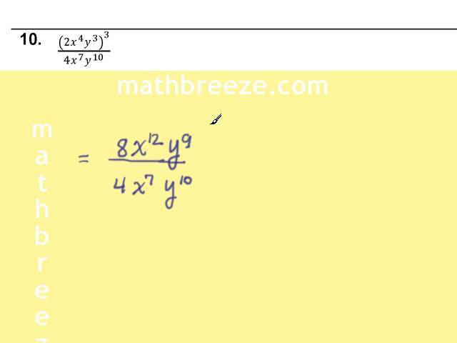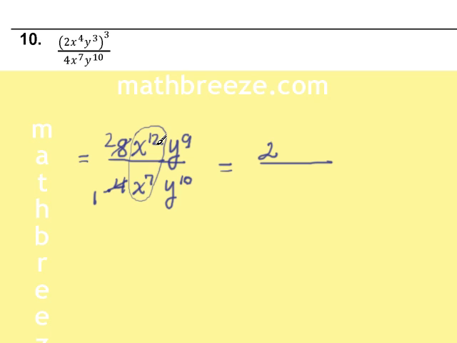All right, let's now reduce the fraction. See, we couldn't reduce it at this point because the 2 was locked away in these parentheses. Now that we've opened the parentheses, we can divide top and bottom by 4. Okay, so we're just left with 2 in the numerator. Now let's take care of the x's, these powers of x.